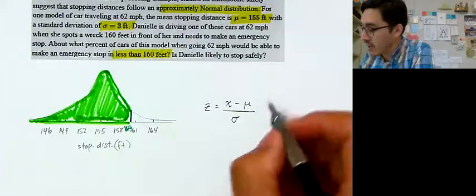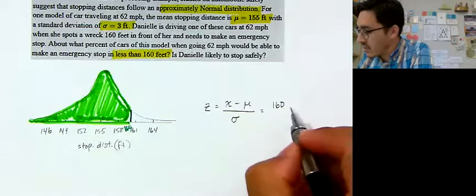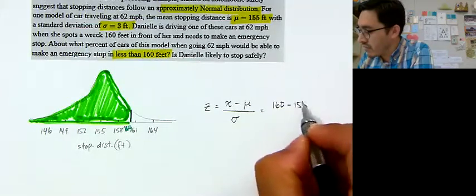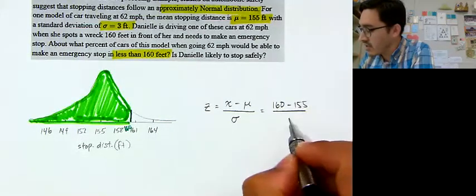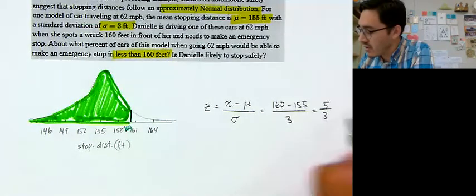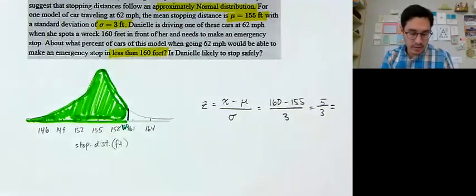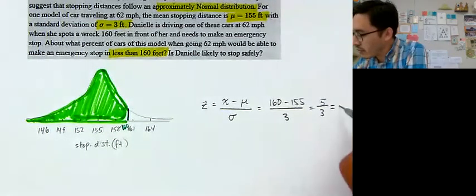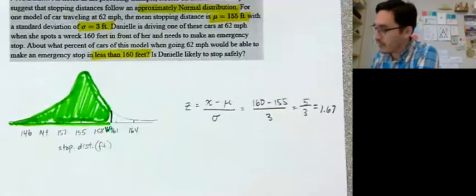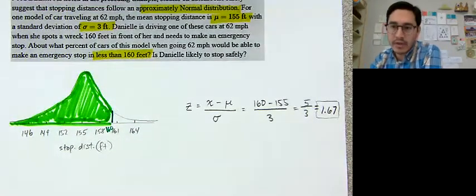So when we do the calculation, we're going to have 160 minus the mean, 155, divided by the standard deviation, 3. So that's 5/3, which we'll round to 1.67. Typically with z-scores, we will round to 2 decimal places.